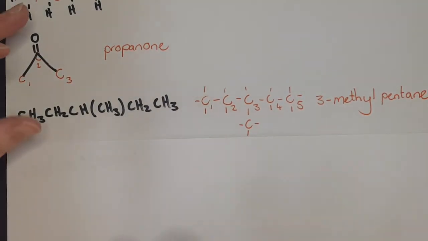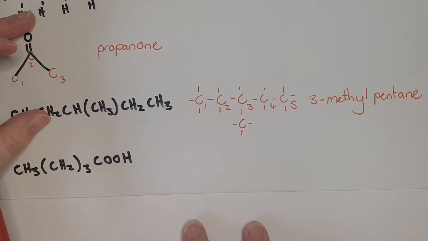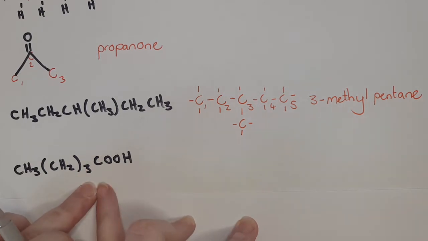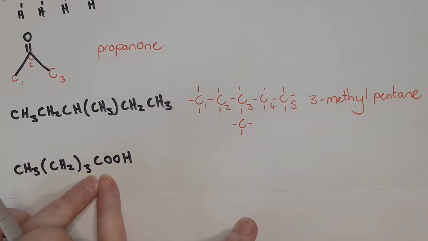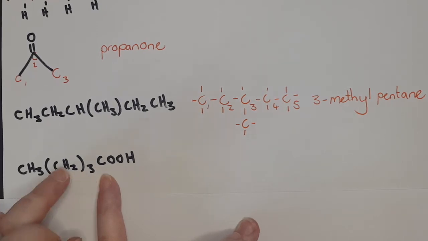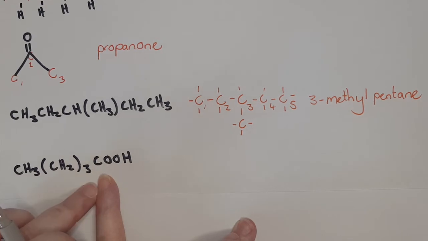Okay, if I look at the next one, another structural formula. So now I've got a CH3 and then in brackets, CH2, close brackets, and then it says 3 of them. So when they do this, it's just a contracted form, which means that there are 3 CH2s in a row.